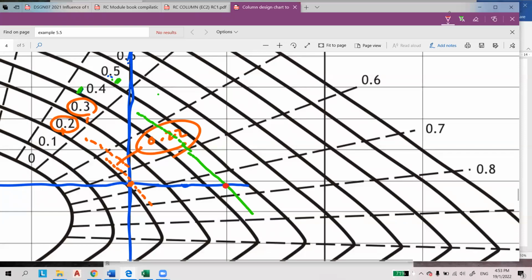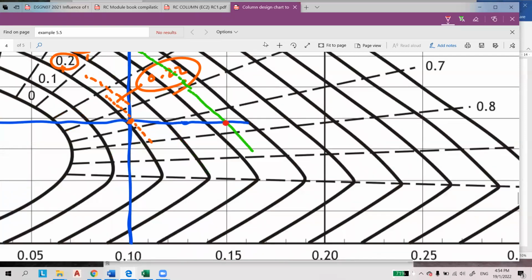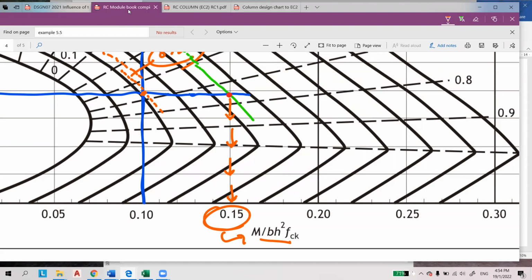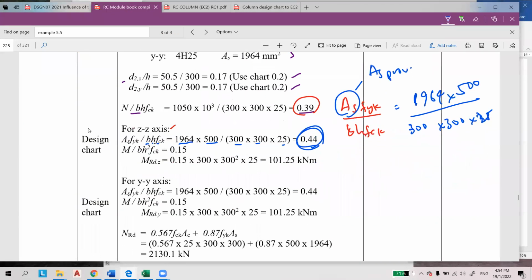So this is how to use the chart, class. You must be careful. Then we bring it here, and let's say the value of M over b h squared fck is 0.15.